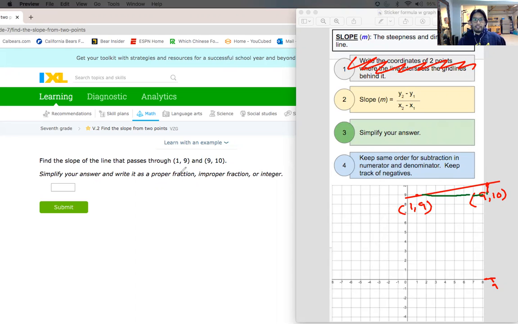You connect these 2 points that they give you, you get a line, we're figuring out the slope. All right, so first things first, we've got to use this formula. We're going to subtract the 2 y coordinates from each other, which is essentially your vertical change. And then we're going to subtract the two x coordinates from each other. Vertical change, I'm going to use the delta sign, the triangle for change, and horizontal change.